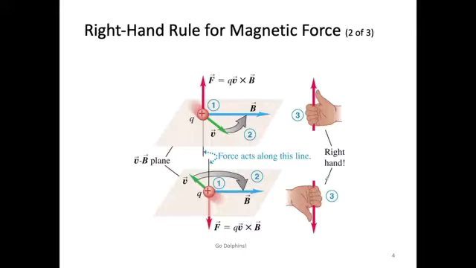For a positive charge, if we want to find the magnetic force on a moving charged particle, first we put our forefinger in the direction of velocity, then curve it into the direction of B, and our thumb gives us the direction of the magnetic force.